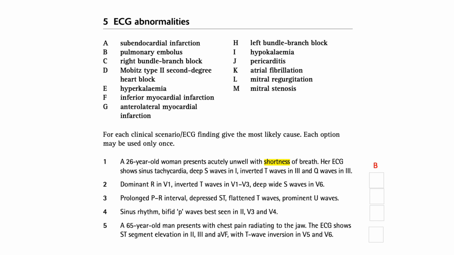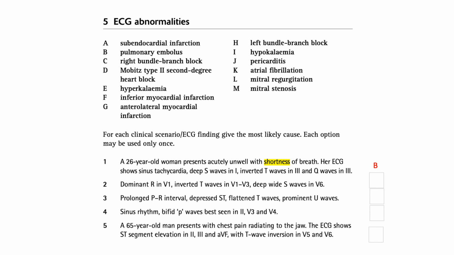If we look at question 2, a dominant R wave in V1, inverted T waves in V1 to 3, and a deep S wave in V6. So this is sort of the difficult thing about ECGs, is translating it into words.